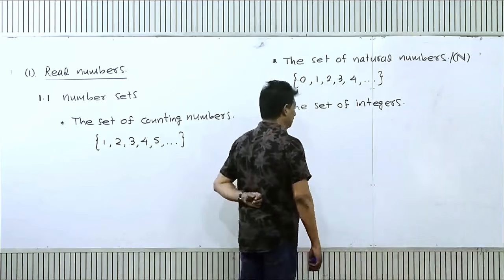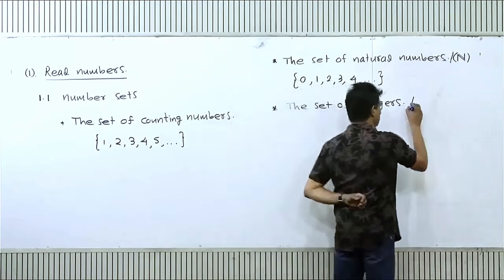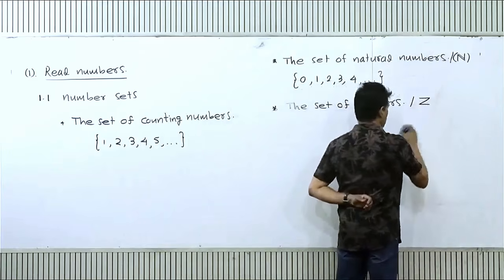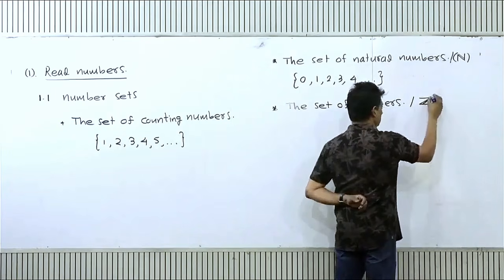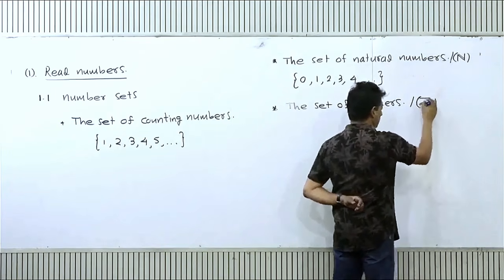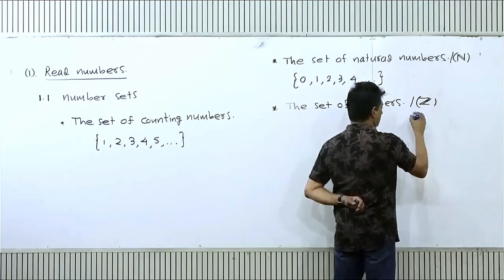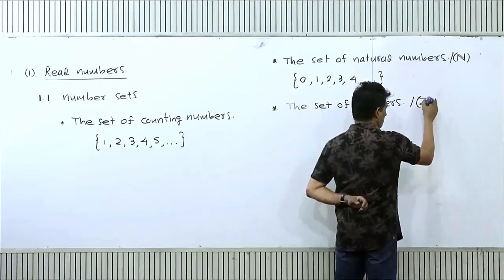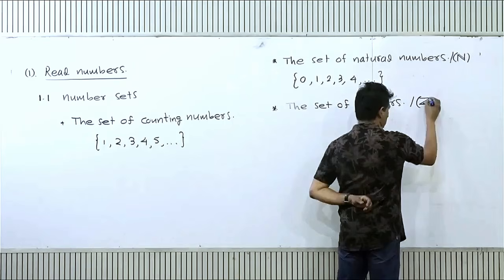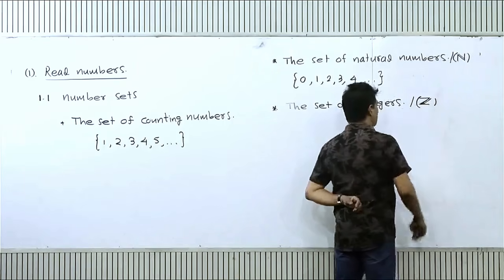Then set of integers, there is a notation. This is the notation. First we have to write the letter Z, then we have to double this angled line. This is the notation.